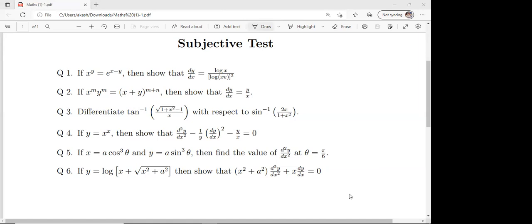So this is solve any 4. You guys can solve 4 questions in half an hour, right? There are 6 questions. Sahel, please try to rejoin because everyone can see the paper.